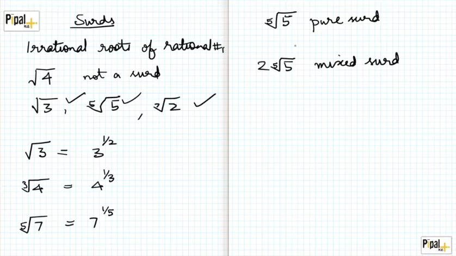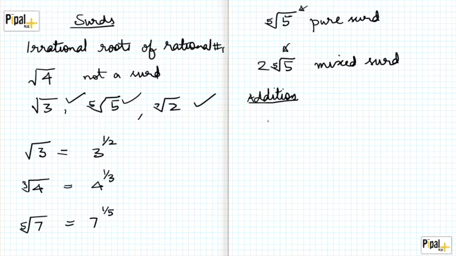Now, as far as mixed surds and pure surds are concerned, we can do certain algebra on surds. For example, addition. Addition among surds is possible only if the surd part of the pure or the mixed one is exactly the same.